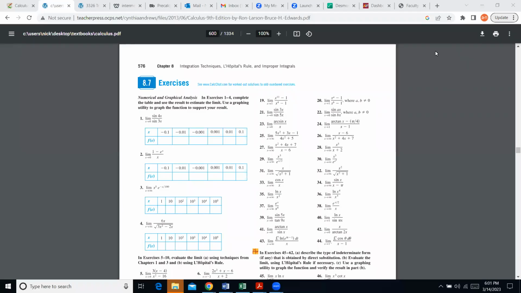So let us refresh the ideas of L'Hopital's rule that helps us to take care of various examples that deal with indeterminate forms 0 over 0 that could be turned into infinity over infinity or vice versa.